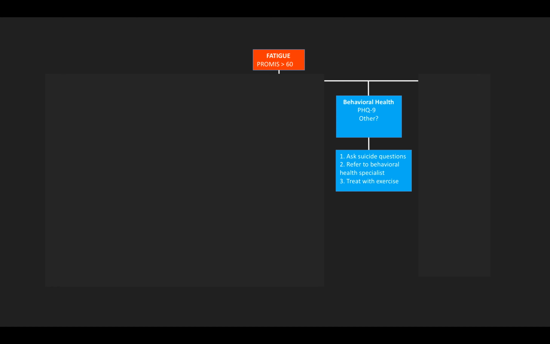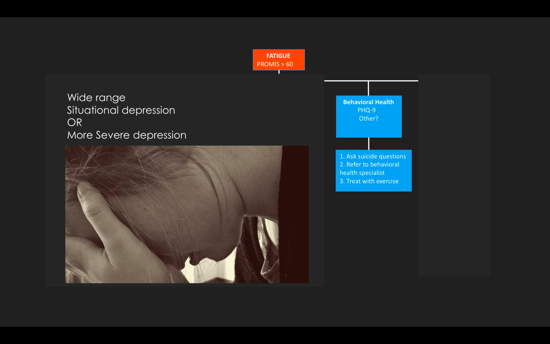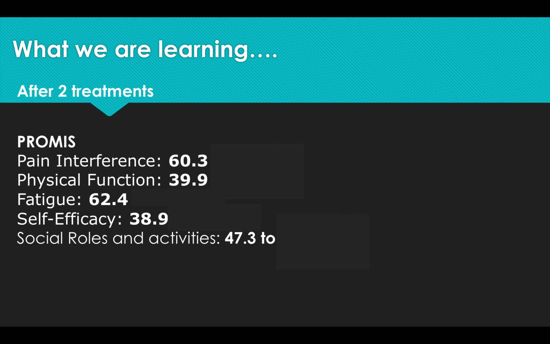Next on the list of possible causes of extreme fatigue are behavioral health problems. We know that situational depression and even more severe depression occur across a wide spectrum of patients that we see. So screening for these is prudent.